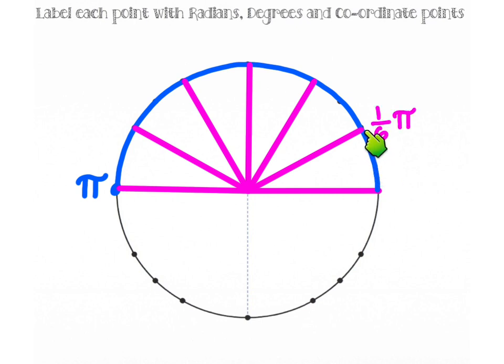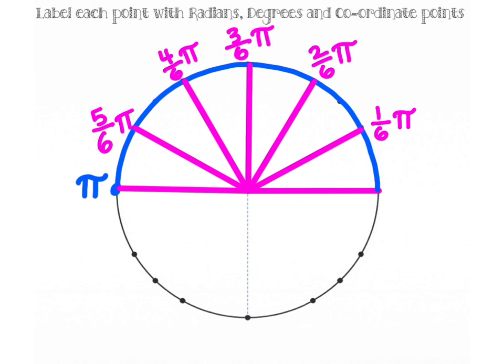Then that point on the circle is where that radial length is 1/6 pi. And we go around and we say, oh, we have 2/6 and 3/6 and 4/6 and 5/6 and 6/6 of pi. But 6/6 of pi is just pi. And then also these three up here, 2/6, 3/6, and 4/6, they all reduce. So I'm going to write those in reduced fractions, 1/3, 1/2, and 2/3.